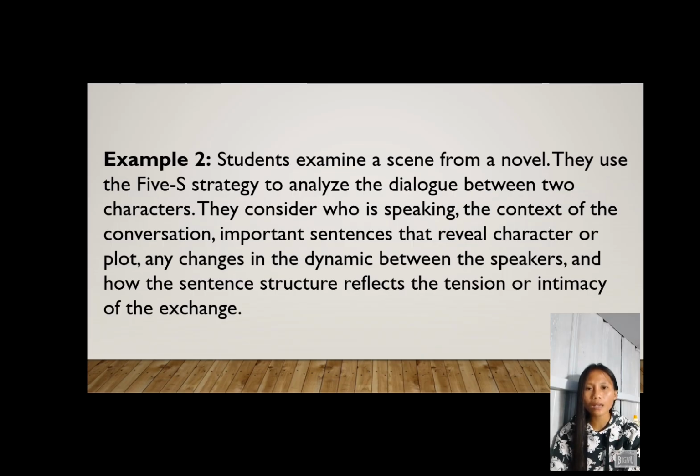They use the 5S strategy to analyze the dialogue between two characters. They consider who is speaking, the context of the conversation, important sentences that reveal character or plot, any changes in the dynamic between the speakers, and how the sentence structure reflects the tension or intimacy of the exchange.